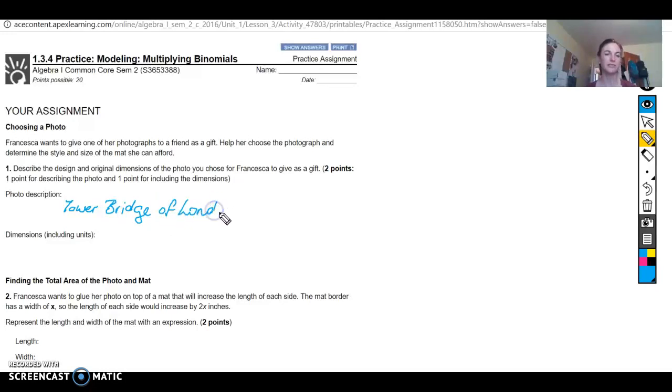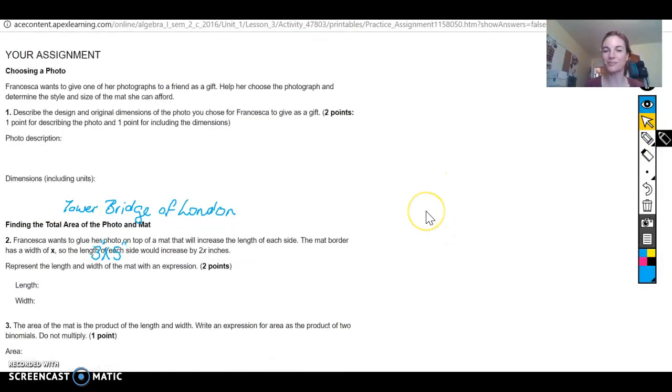Okay, so that's the photo description. And then the original dimensions, and so this wouldn't be including the mat. So the original dimensions for that tower bridge are a 3 by 5, and you can put this to indicate inches. So 3 by 5 inch photo. Okay, so that number 1 is taken care of pretty easily.